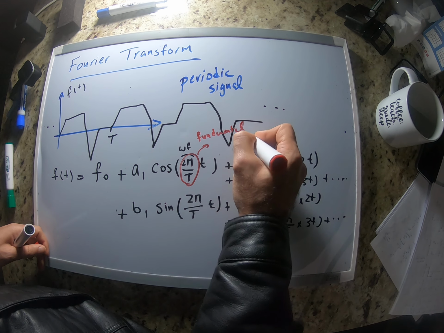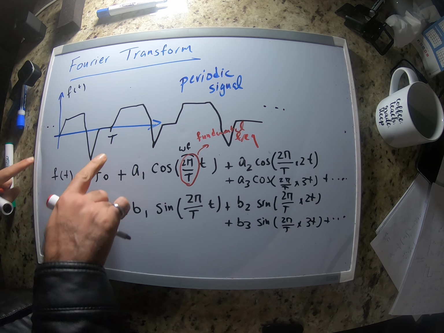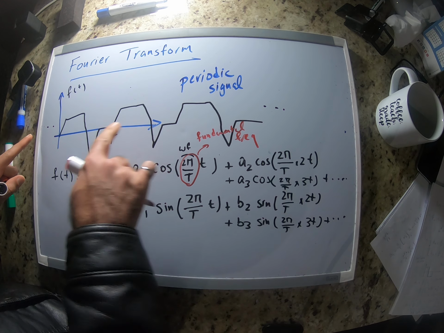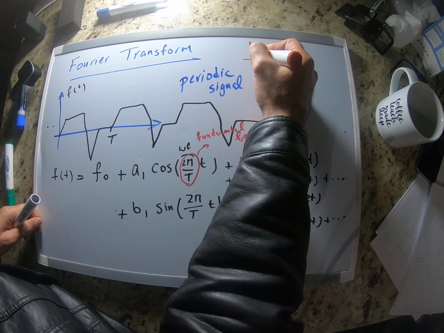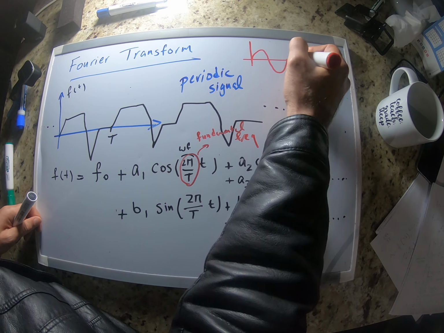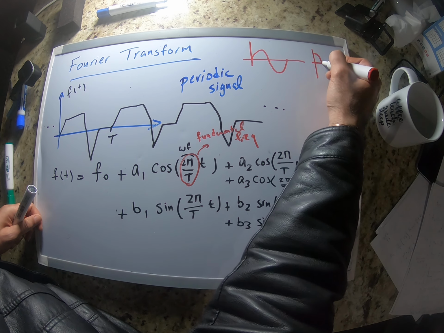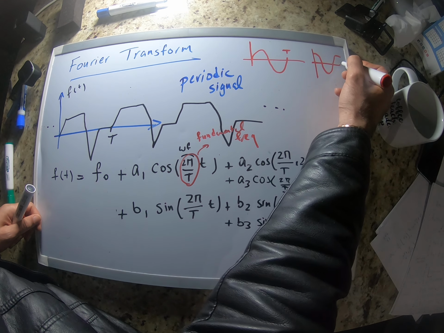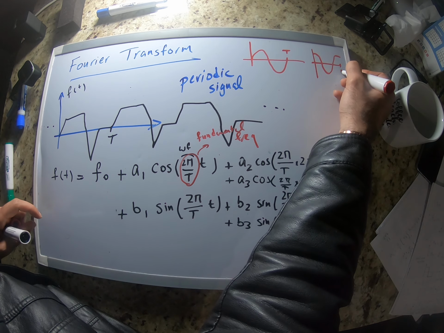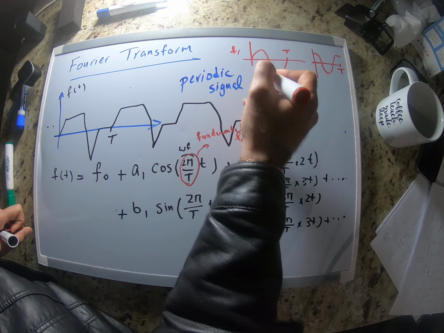So it basically tells us that this function that I have, I can write it as a summation of one signal, sine and cosine like this, with the same period. This is called the fundamental frequency.